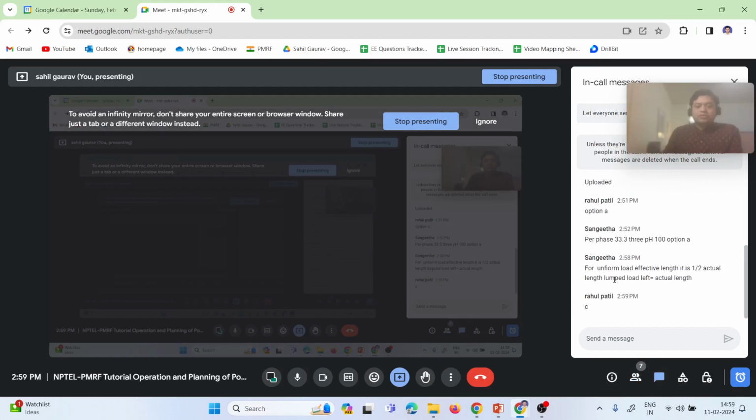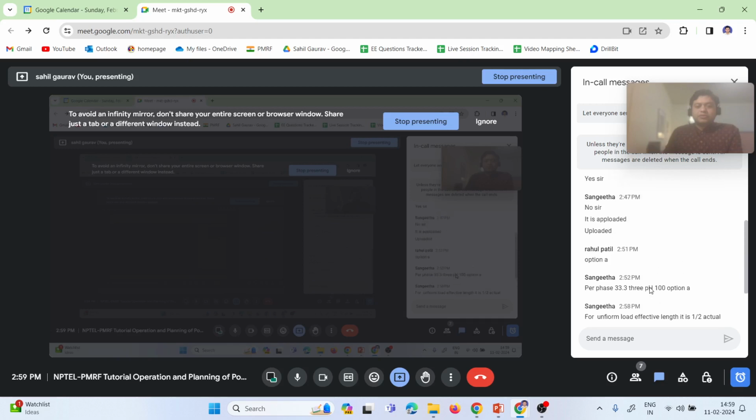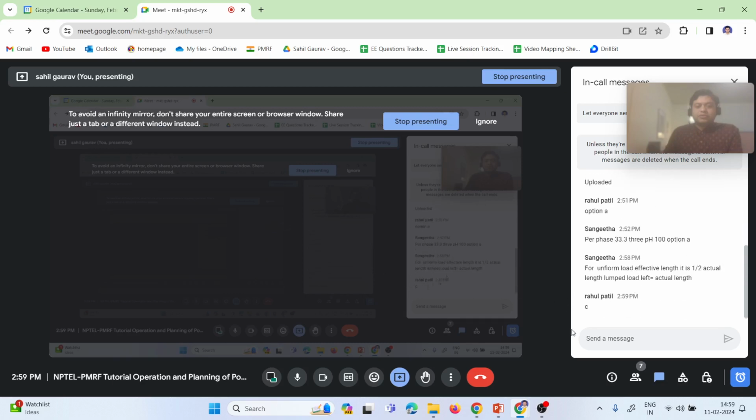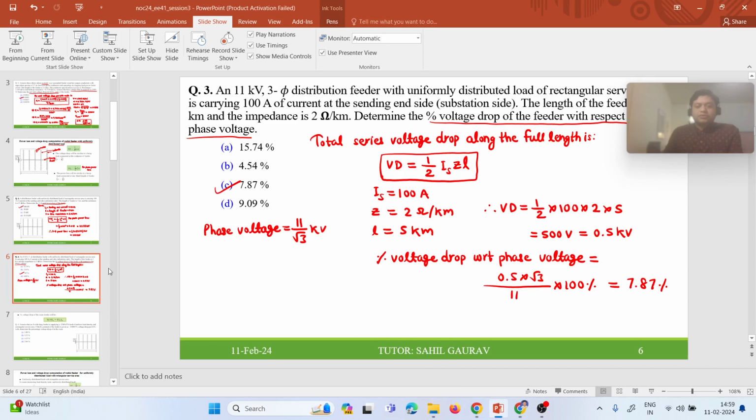For Sangeeta, for uniform load, effective length is half the actual length, half of the length lumped. Yes, correct. For uniform load density, if we are computing the percentage voltage drop, then the effective length will be half of the total length of the feeder.